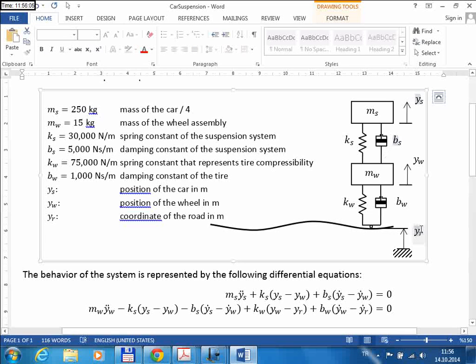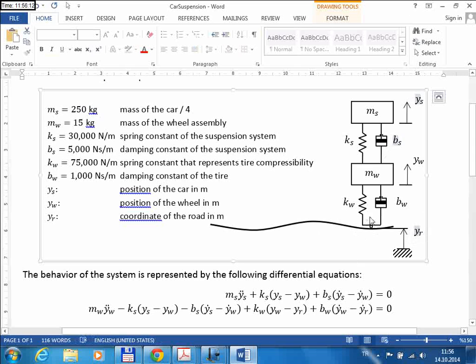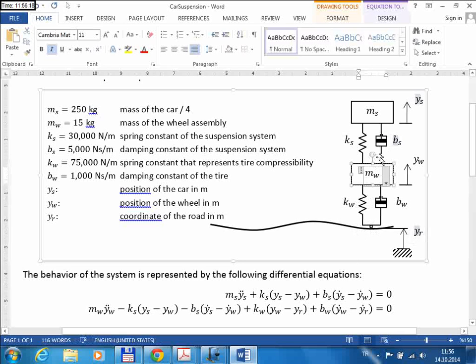So in other words, this is an input to our system, and if we are driving through a rough road surface, then due to these Yr variations, this spring force will be changing, and that spring will cause the wheel to move, and as the wheel moves up and down, the car itself will start moving. So the passengers will be feeling those changes or variations on the road surface. Okay, but Yr is not something we can change, right? So that's not a control input, but it is rather a disturbance input.